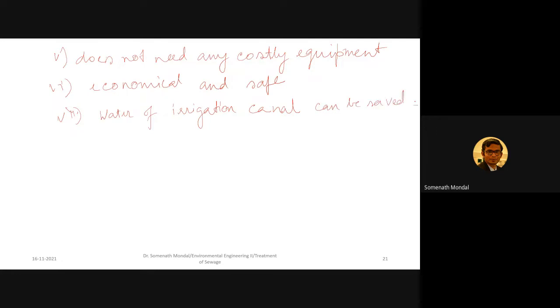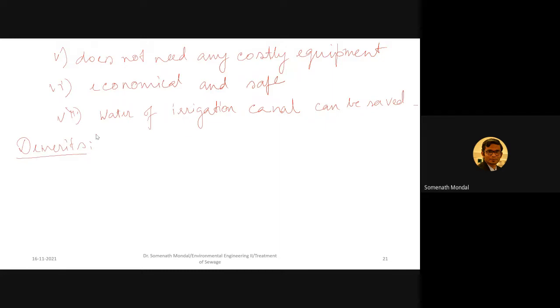So whatever I have discussed, whatever I have written, just remember them. They are important. Now there are a few demerits. We need to discuss them. So you can write demerits.